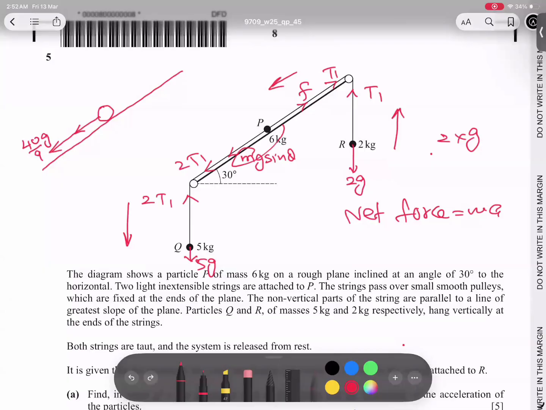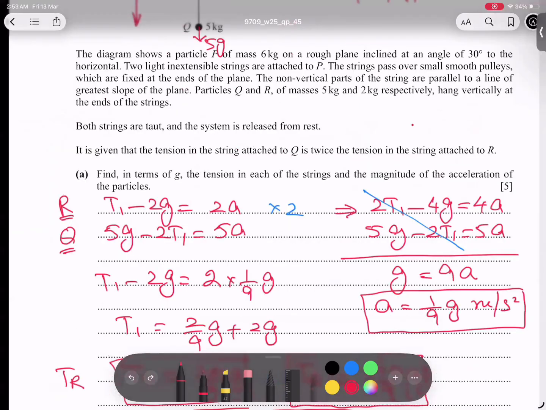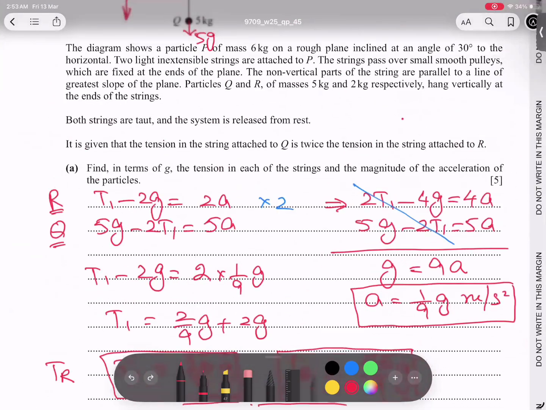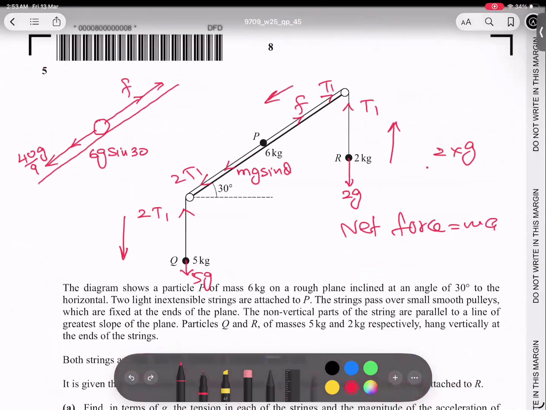And what is the mass? 6. So this is 6g sin theta, and theta is 30, so 6g sin 30. Backward is acting the friction force. Then one more is the tension T1, which we already have as 20 by 9, so I write here 20 by 9 g.